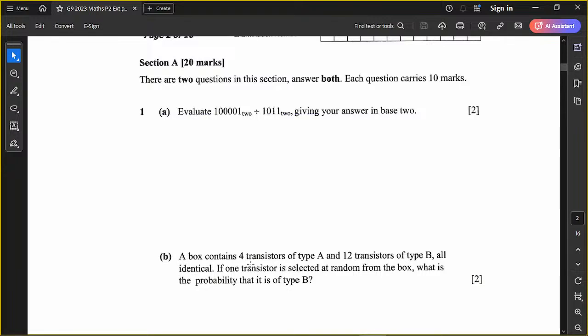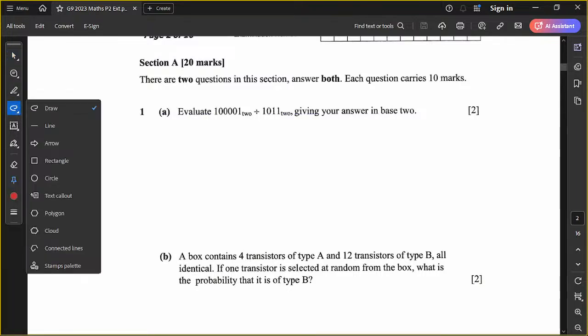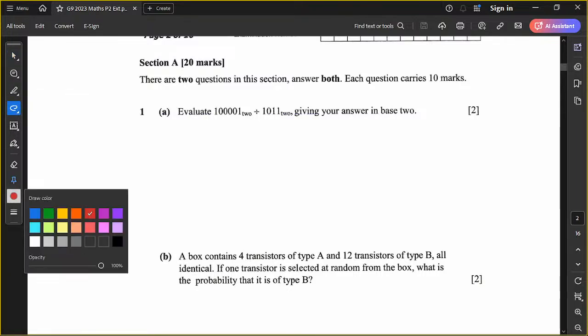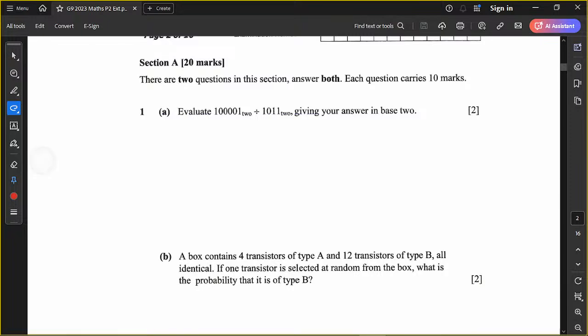So we're going to come up with a frame like this one, then we write this number here, 1 0 0 0 0 1.